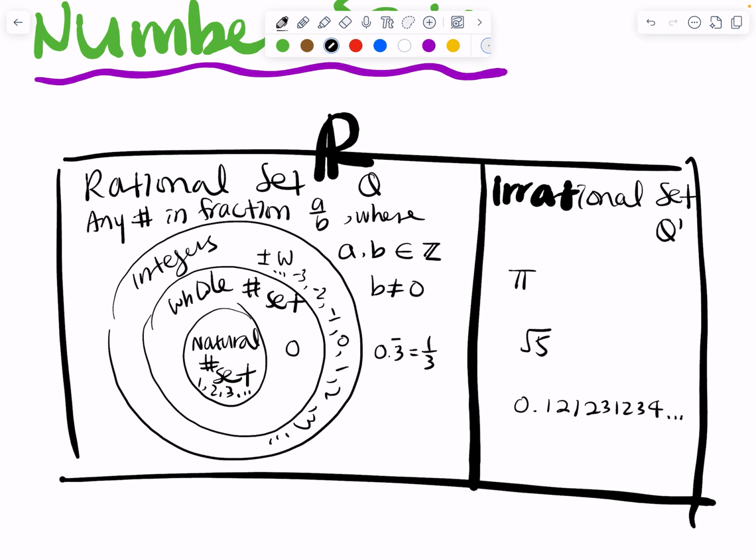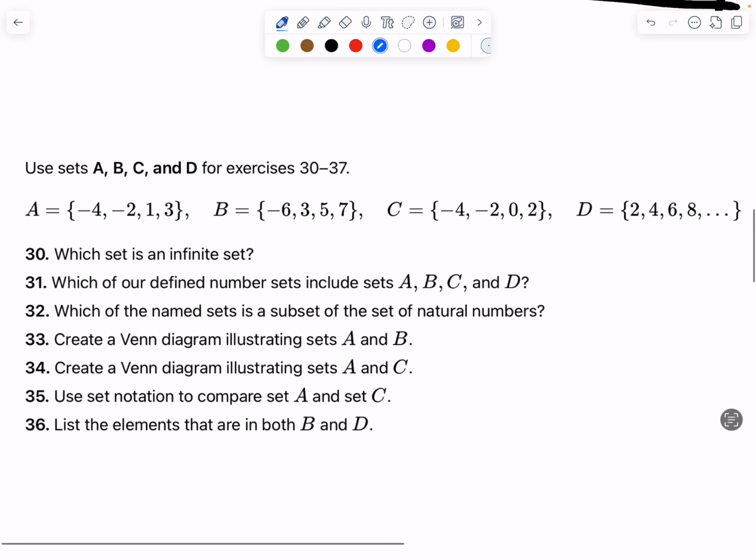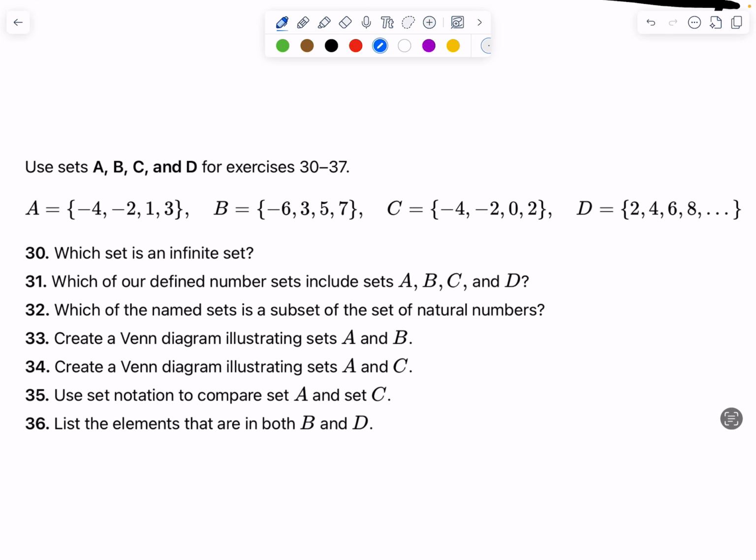Next, we learned set symbols. Here's a problem I had already prepared for you, very similar to what you have to do tonight. There are 4 sets: set A, set B, set C, set D. Notice how I introduced braces in class; they are used to group sets.